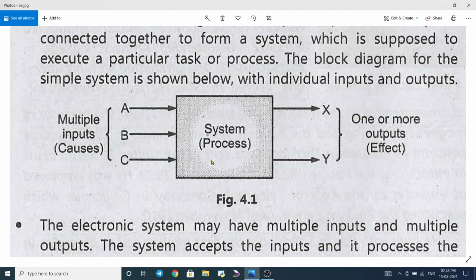The processor may be made up of a number of circuits, or it may be an integrated circuit, and a system can have one or more outputs. So let us see the first application system.